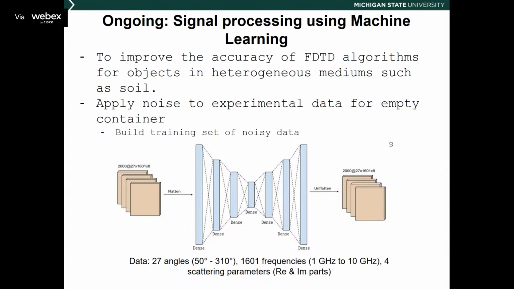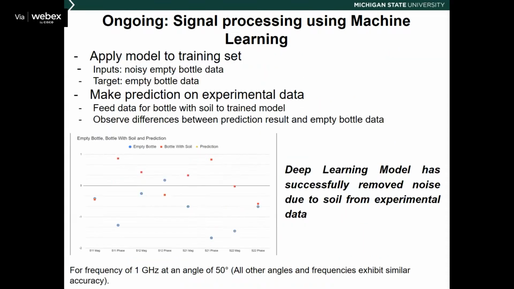They use machine learning to look at the data, using input like empty no-soil data, to suppress the noise and also make a better prediction to deal with the experiment data, right? So this is just some preliminary results. I just want to show you that you can consider using machine learning in this case as well.